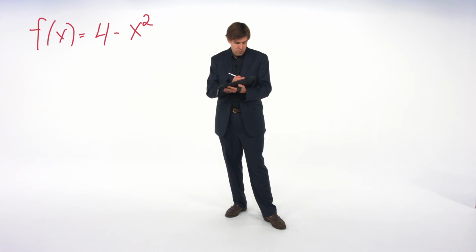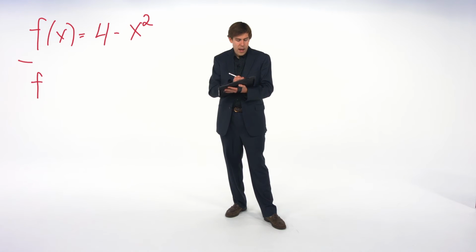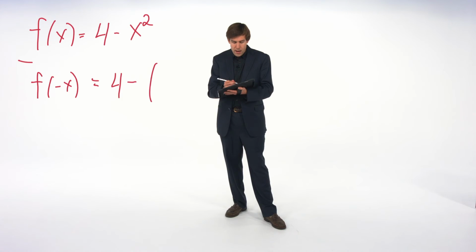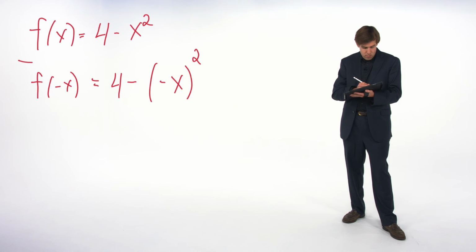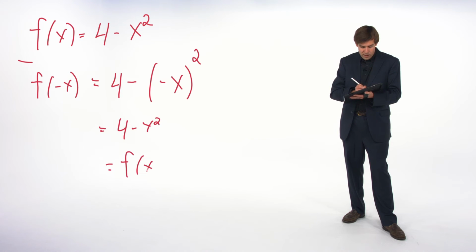Let's look at a numerical example. How about f of x equals 4 minus x squared? We could plot this, of course, but let's just check if it's even or odd. So I ask, f of minus x, what's this equal to? 4 minus minus x squared. So 4 minus x squared, which is equal to f of x.